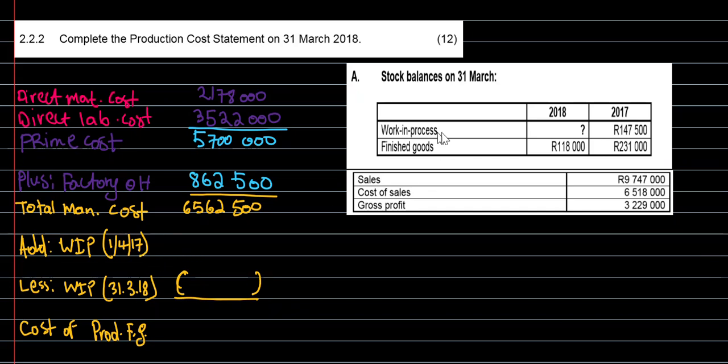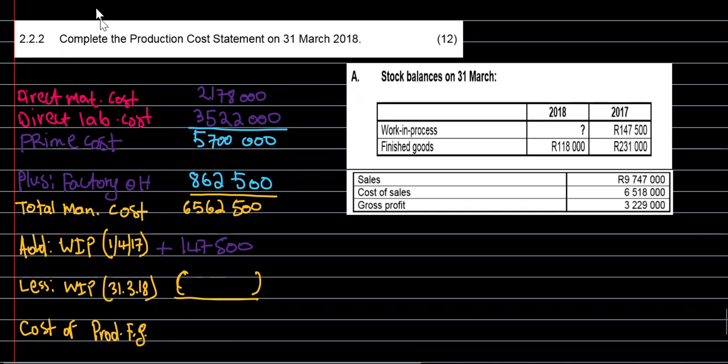But if you notice here, we are given 147,500. So we're going to just write here 147,500. We are adding this 147,500.